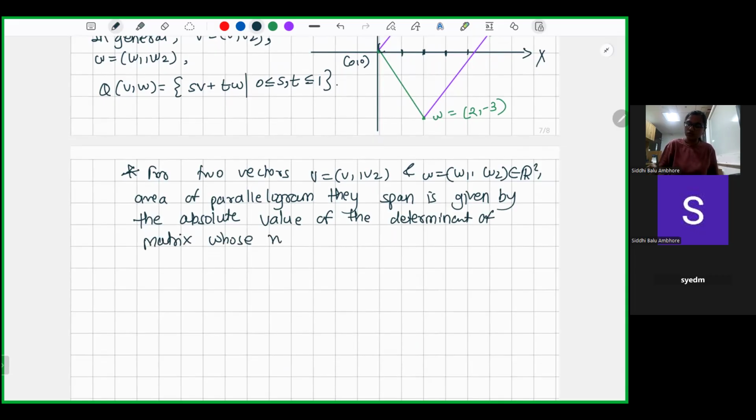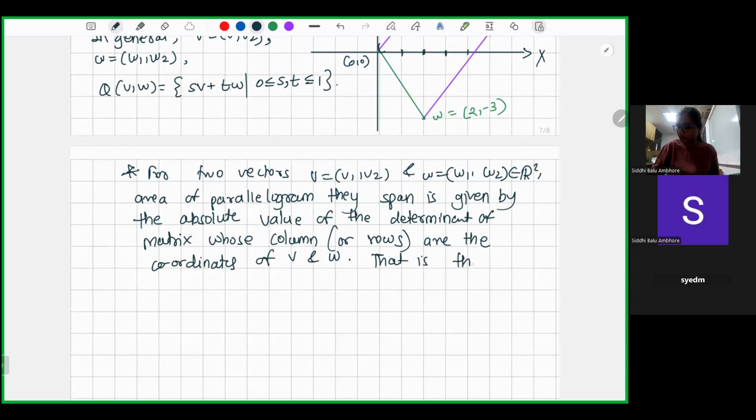whose columns, or rows, does not matter, because the determinant of A and A transpose is anyway the same, so it does not matter, whose rows are the coordinates of V and W. That is the matrix. Since we are in R2, it is V1, V2 and W1, W2.